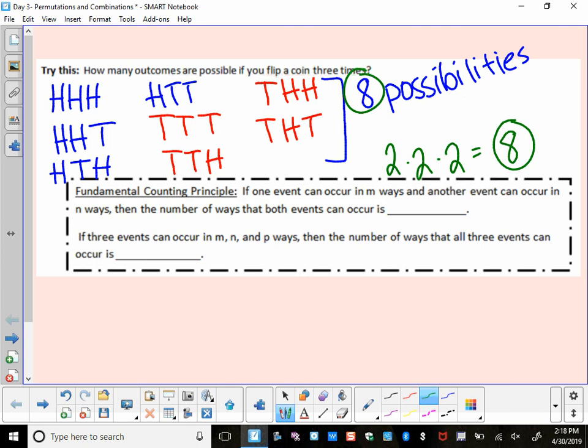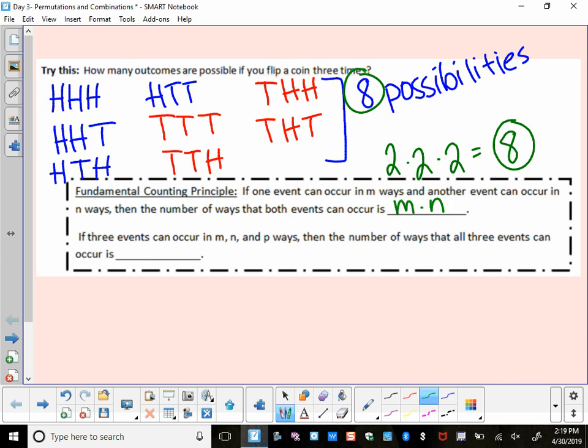It's called the fundamental counting principle. If one event can occur in a certain number of ways, and another event can occur in another number of ways, then the number of ways that both events can occur is multiplied, m times n. So let's say m was the coin, and n was the number of times we're flipping it.